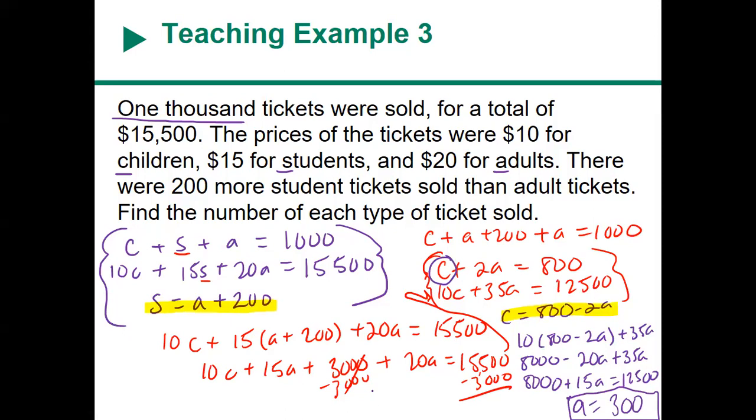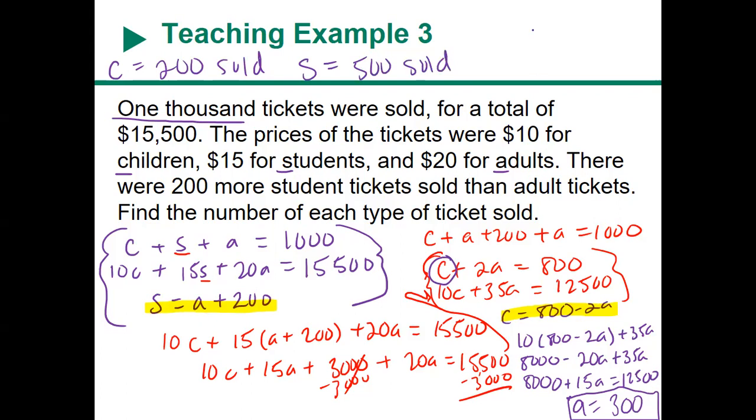I mean, we could do it out loud. We're smart. So for C, what's 800 minus 2 times 300? 200. So we know that C equals 200, so 200 children tickets sold. Does that make sense? Then here, what is 300 plus 200? 500. So student tickets equals 500 sold.